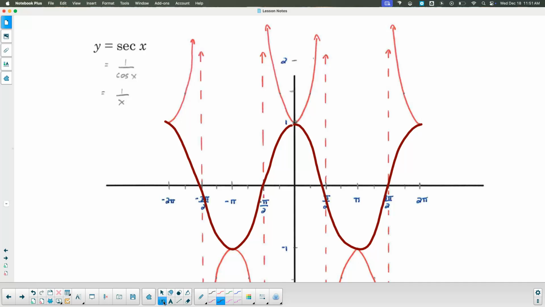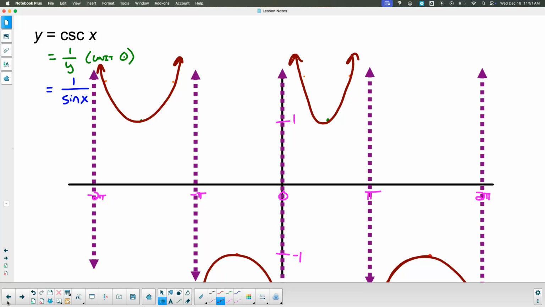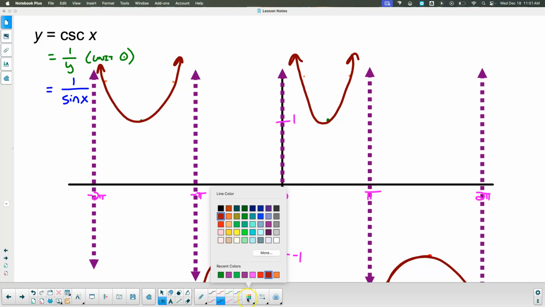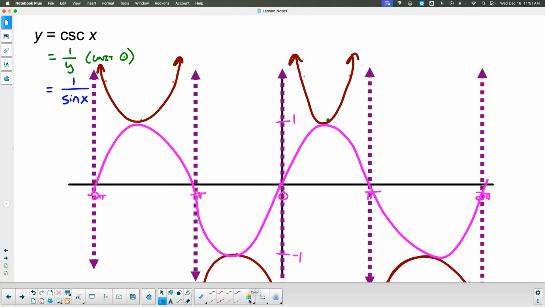And if we would have gone back to our cosecant graph, our sine graph would have been right there.